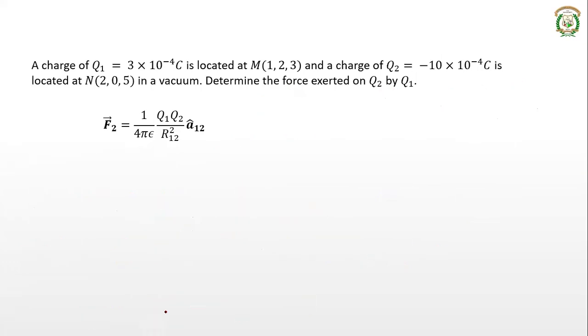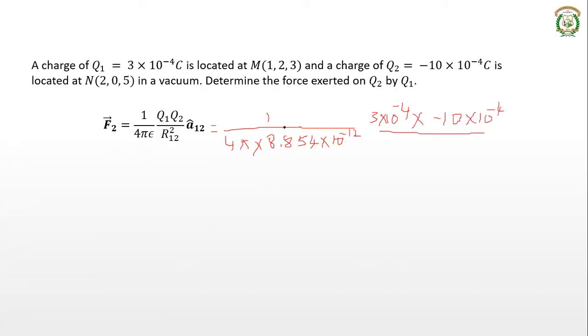Okay, we will substitute. 1 by 4 pi into epsilon, epsilon is epsilon naught, that is 8.854 into 10 raised to minus 12. Then you have Q1, Q2, that is 3 into 10 raised to minus 4 into minus 10 into 10 raised to minus 4 divided by R12 square.